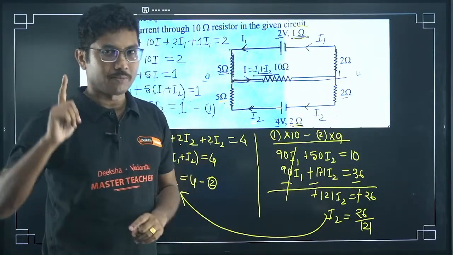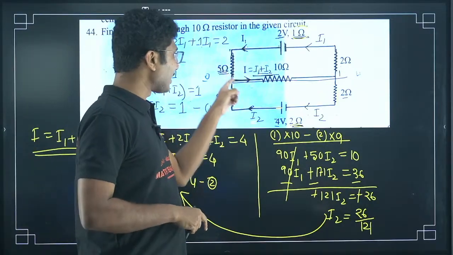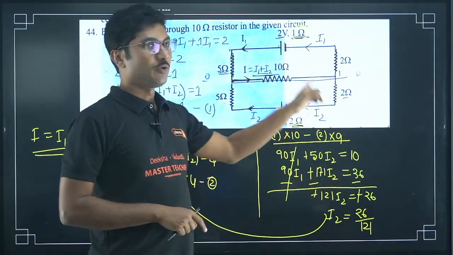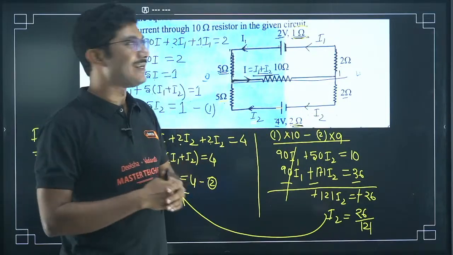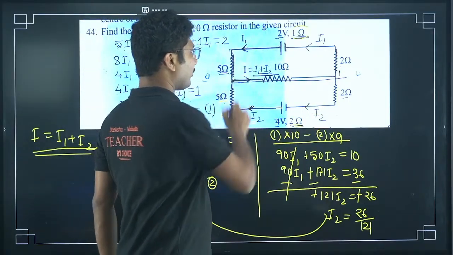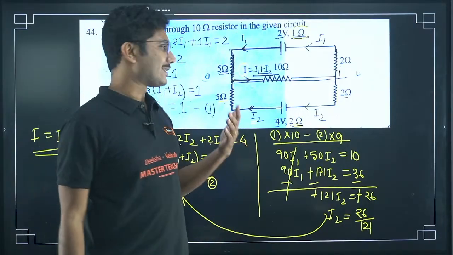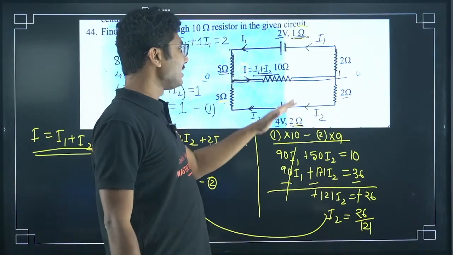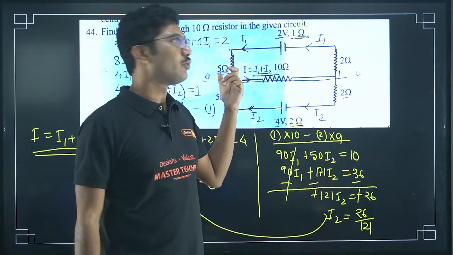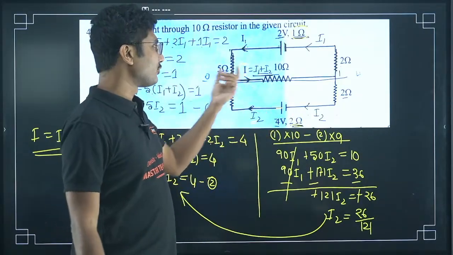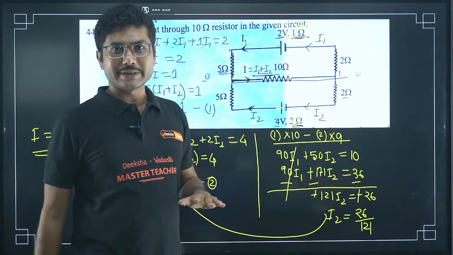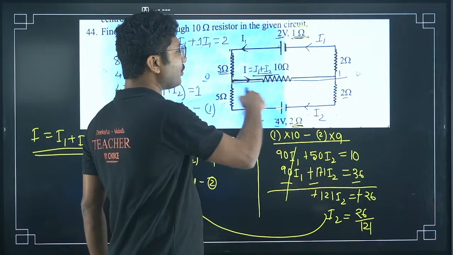That is step number 1. For example, I have considered this loop and this loop. Also, your loop must contain whatever you are trying to find, for example I. It is not necessary, but at least in one of the cases they should include I. Fortunately, here I equals I1 plus I2. Even if you don't consider this loop twice, that is also fine.